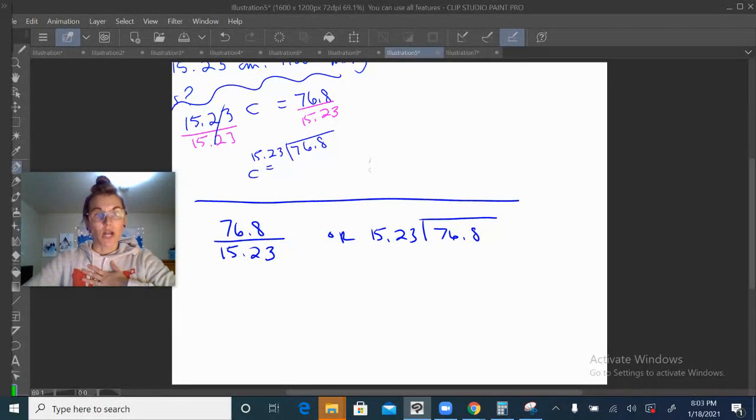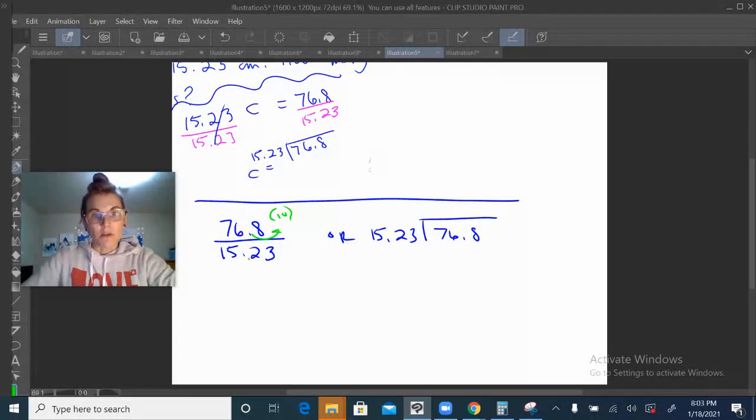So looking at it as a fraction, it's not fully simplified if I have a decimal over a decimal. So my goal is to have a whole number or an integer over another whole number or integer. Thinking about scientific notation, when I multiply by 10, I move the decimal once to the right. If I move this one to the right, or multiply by 10, that does make the top a whole number.